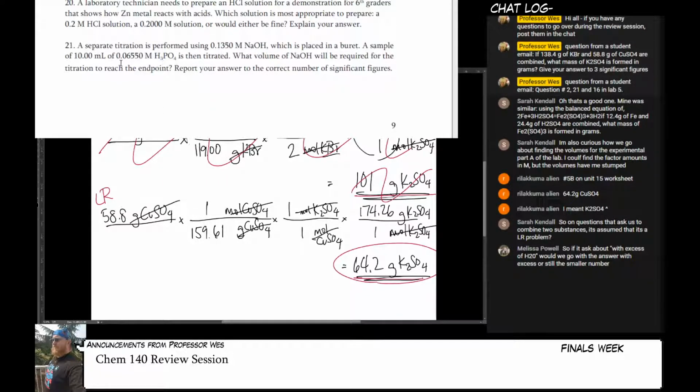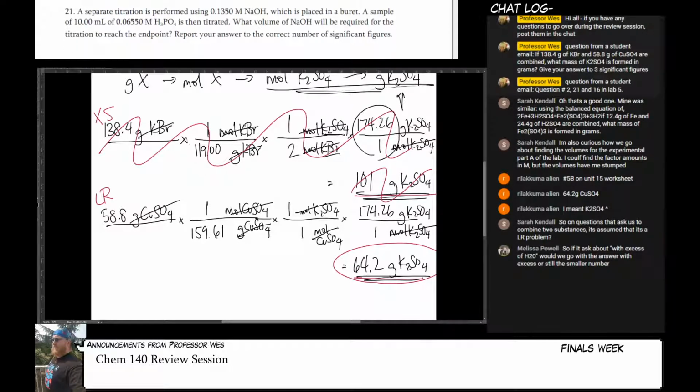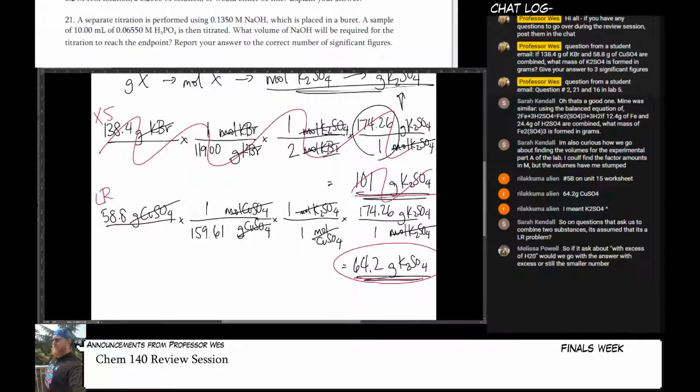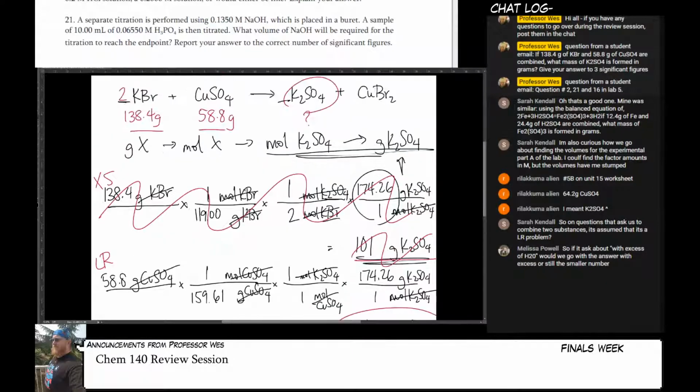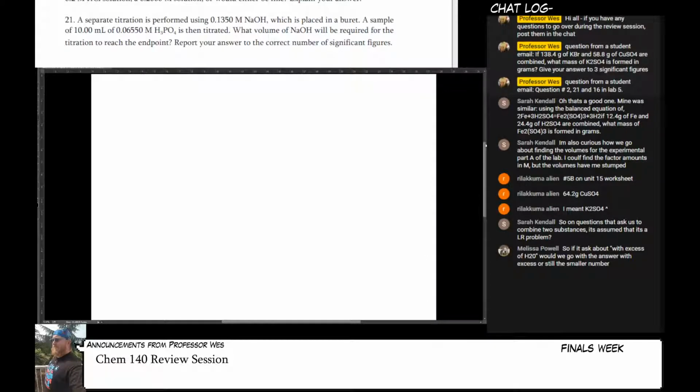For question 21, let me put that one on the screen here. We can do one similar to this. Let me clear the screen. This one I'll actually do. Instead, I don't want to just use the numbers that are given to you.